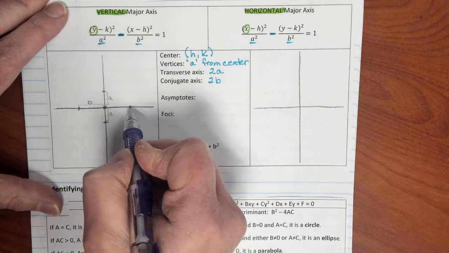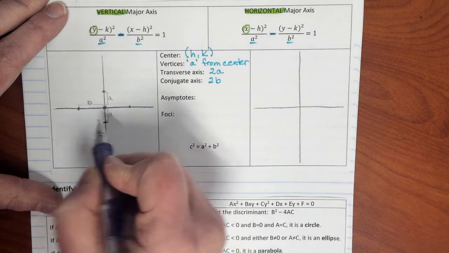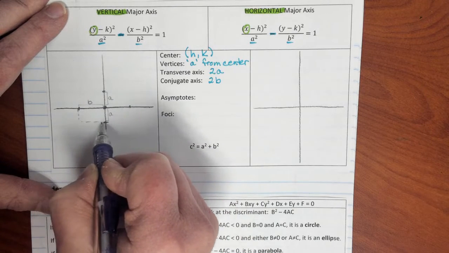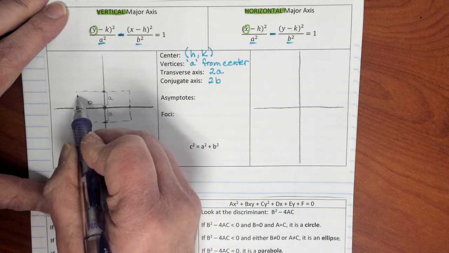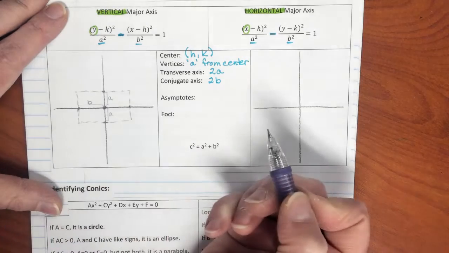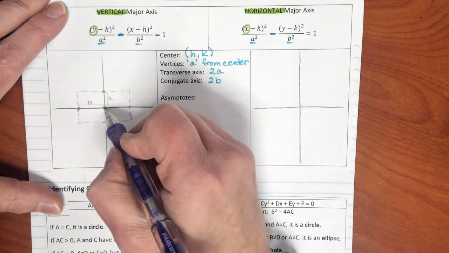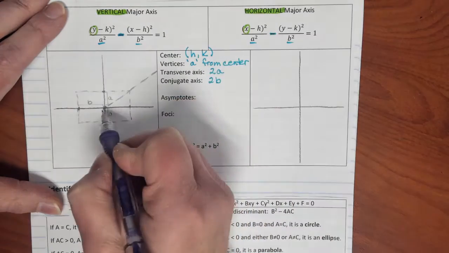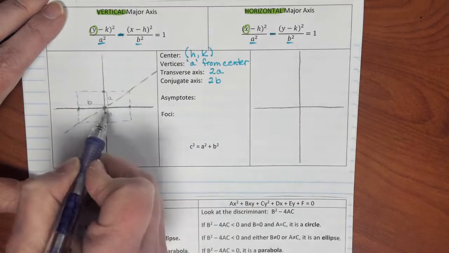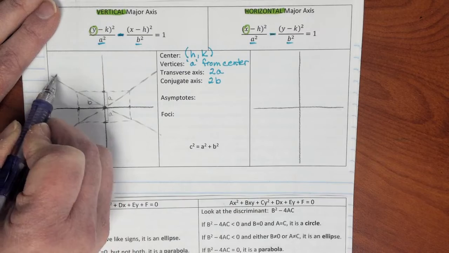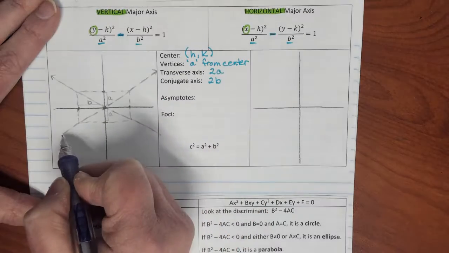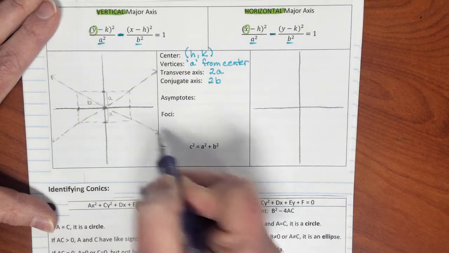Now you're going to get those 4 dots and you're going to make a box. You're going to make a box because you want the diagonals of that box. And I usually start in my center and I go to the corners. It just makes it a little bit easier. There are your asymptotes.